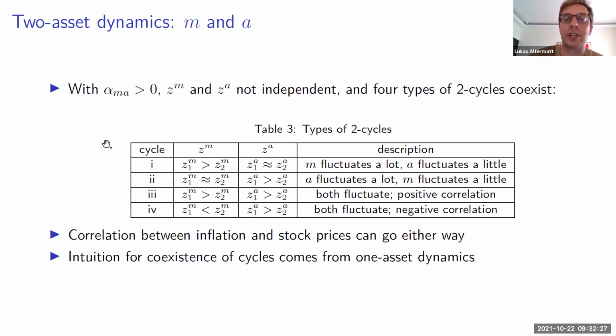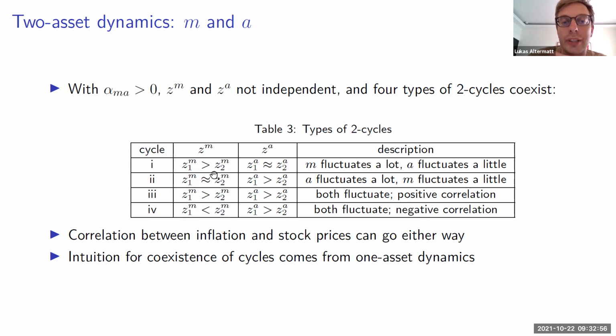Because both money and assets can be in a 2-cycle when they're the only asset, what we show here is that when they interact, all four combinations are possible. Money can be in a steady state whereas the asset is in a 2-cycle. The asset can be in a steady state whereas money is in a 2-cycle, or both can be in a 2-cycle with either positive or negative correlation.